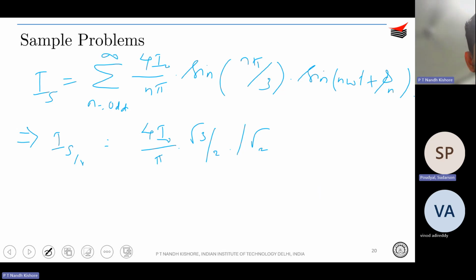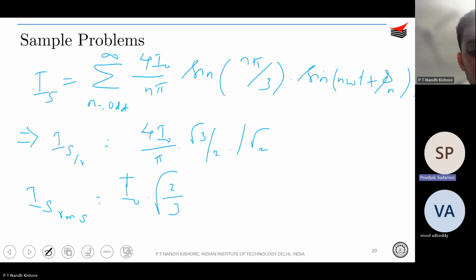Okay. And of course, you know that iS RMS is given by your I naught into root over 2 by 3. So you just go ahead and divide.